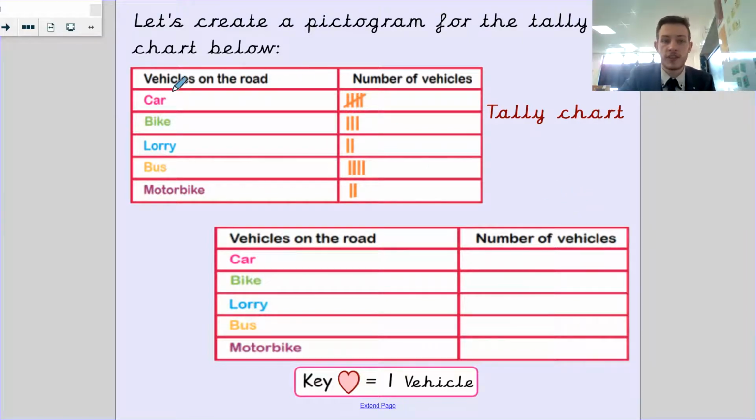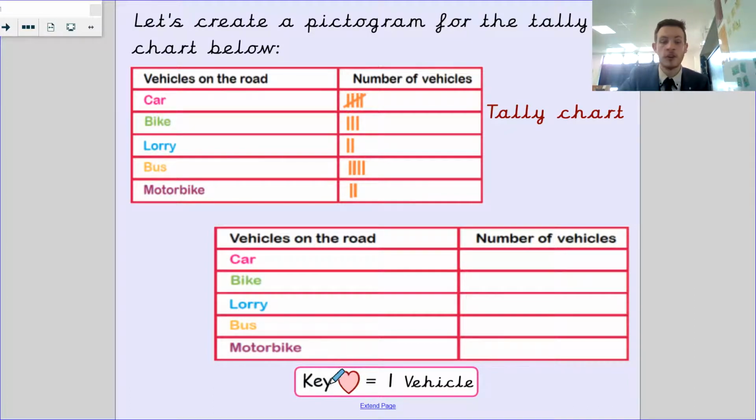So this person's collected all that data and done the tallies. Now I haven't got a box here that says total, so I'm going to need to count the tally marks very carefully and create a pictogram. Now I've chosen a love heart as being my key. It doesn't matter, I've just chosen anything.